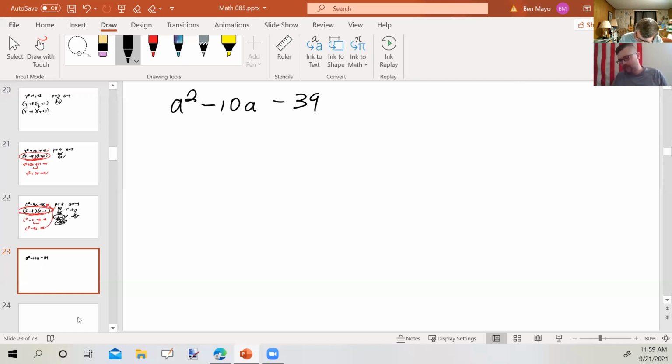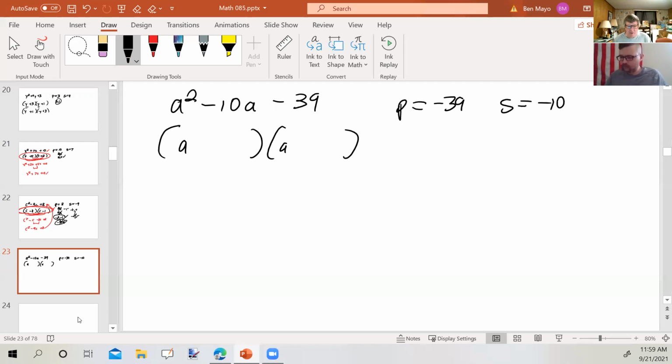Okay, so I'm going to split it up, a and an a. The product is -39, and the sum is -10. Now, the last problem, we said that a positive times a positive is positive, and a negative times a negative is positive. But I've got a negative product.